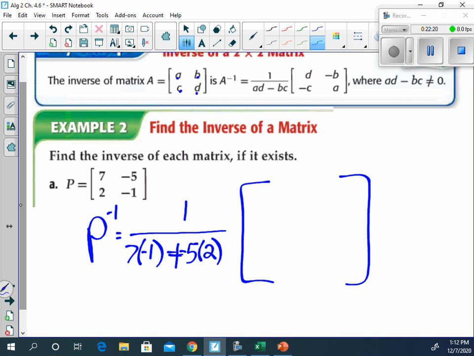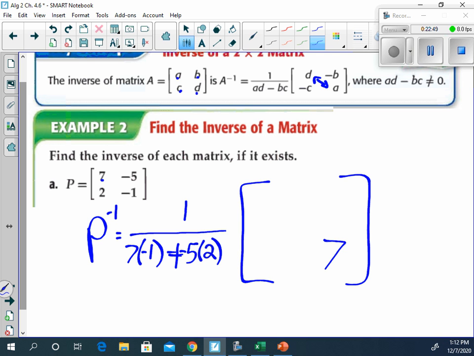Okay. Now let's look at this matrix. A and D did what? They switched places, didn't they? Because in our formula, we now have D, negative B, negative C, A. D and A switched. So in our matrix P, A is 7, which means 7 is now in the bottom corner.